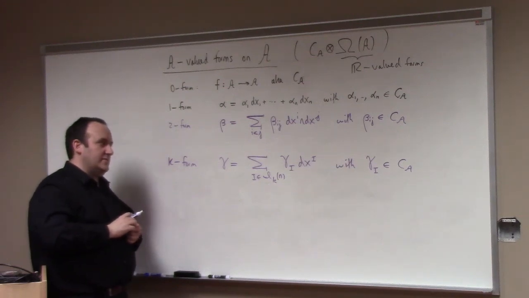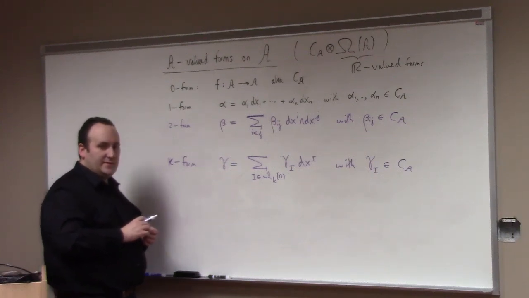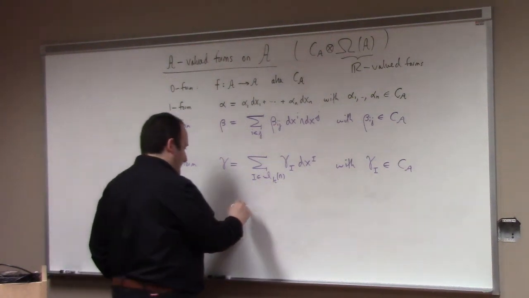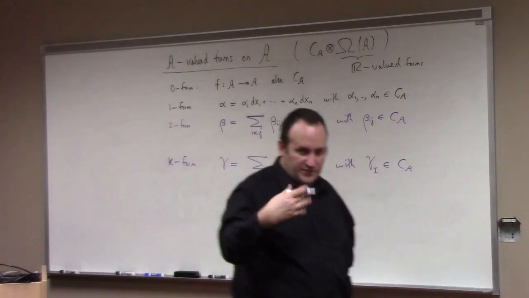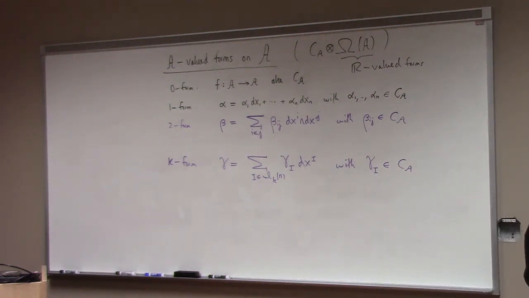So I think it's relatively clear that the usual algebra plays nice with this construction, right? In the sense that, what rules do we have for alpha, beta, gamma? And I need to come up with some name for this thing.